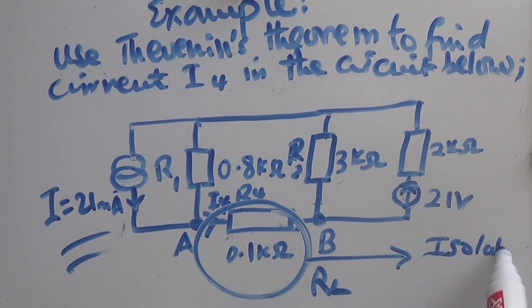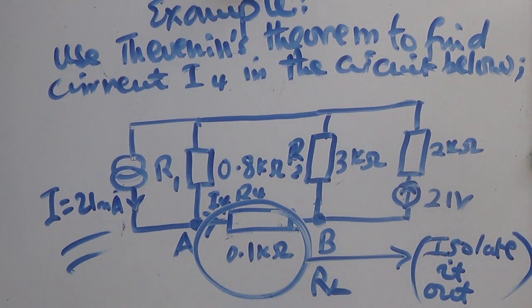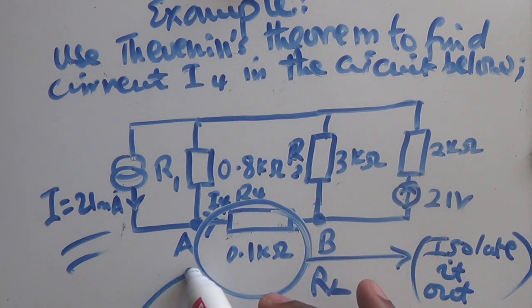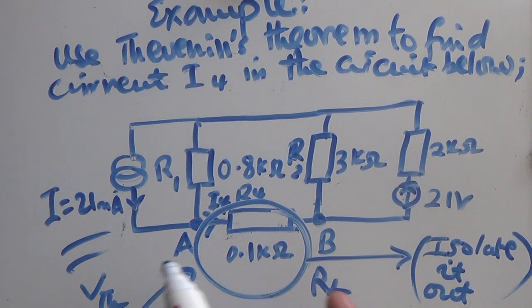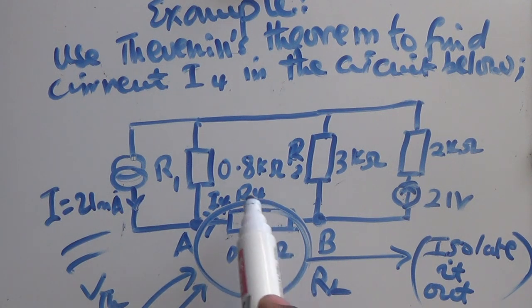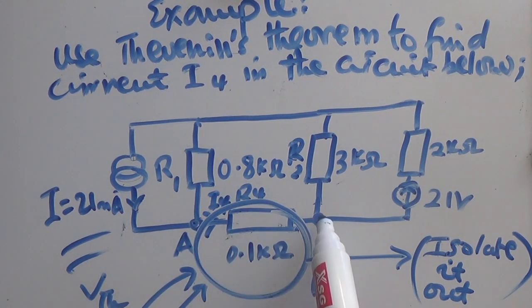After isolating it out, we first find the voltage here and also the resistance of the total circuit, RTH. For voltage VTH, once we have removed this one, we need to find the voltage across A and B.